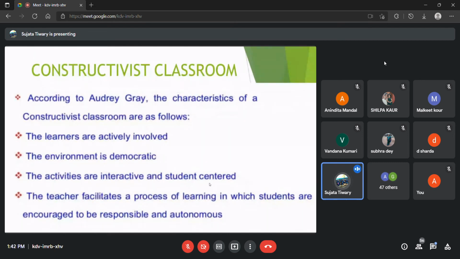The activities are interactive and student-centered. The teacher facilitates a process of learning in which students are encouraged to be responsible and autonomous. They are responsible when they are doing.